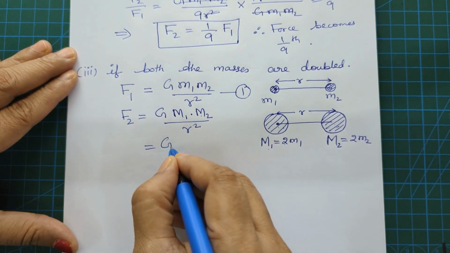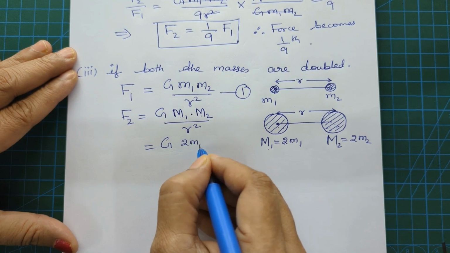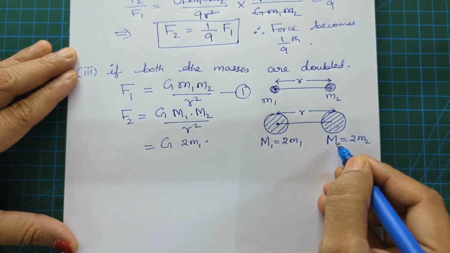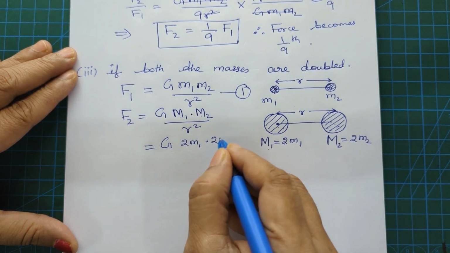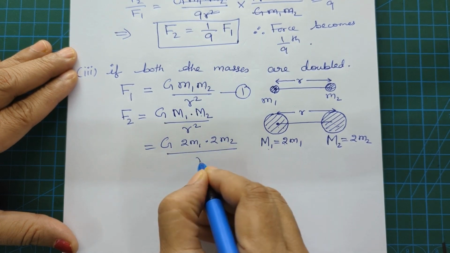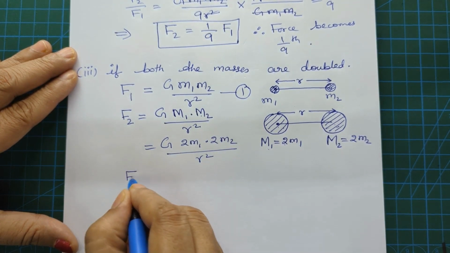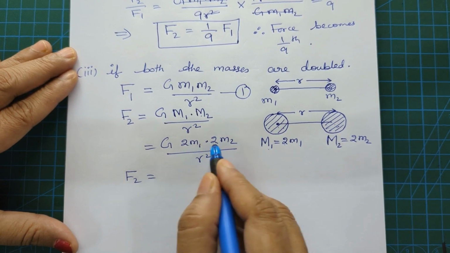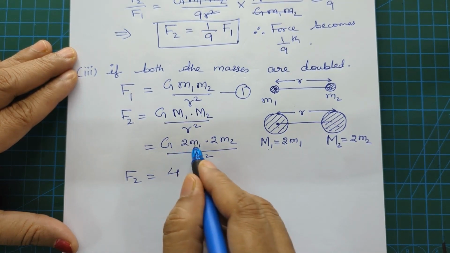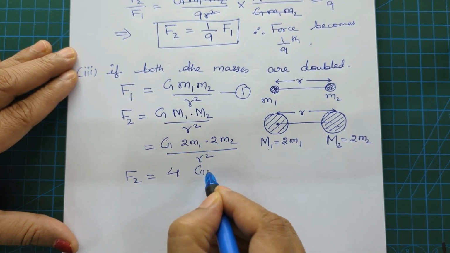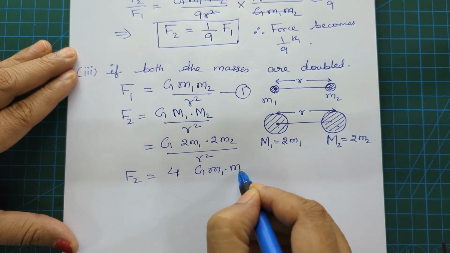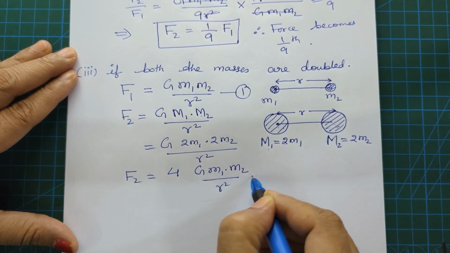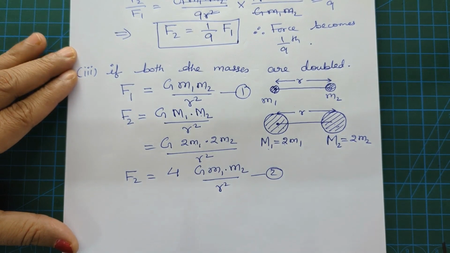So I am writing G twice m1 times M2, M2 is twice the initial mass, by r square. So what happens to the new force of gravity? It is 2 into 2, 4 G m1 m2 by r square. Call this equation 2. So we have two forces of gravity.